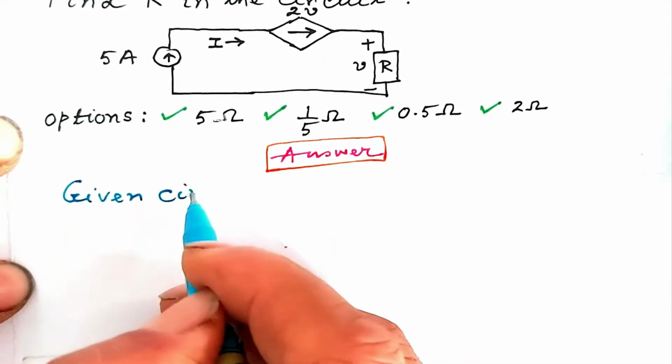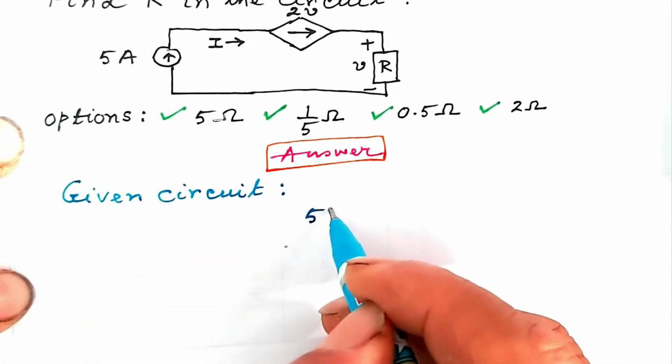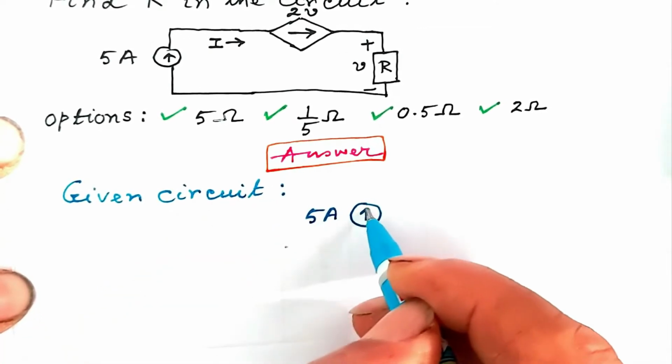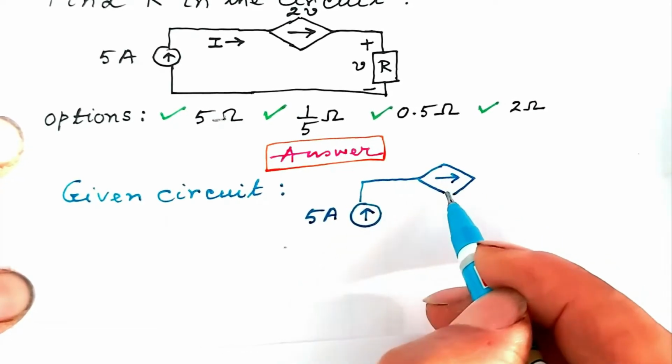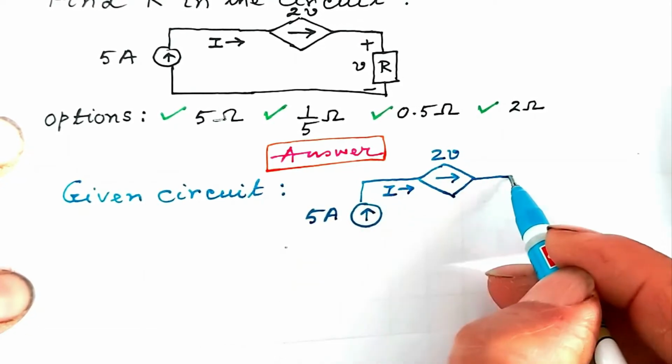Let us redraw the given circuit. Current in the circuit is equal to 5 ampere as evident from the current source that sends 5 ampere of current. Again, the voltage dependent current source sends a current of value 2V.